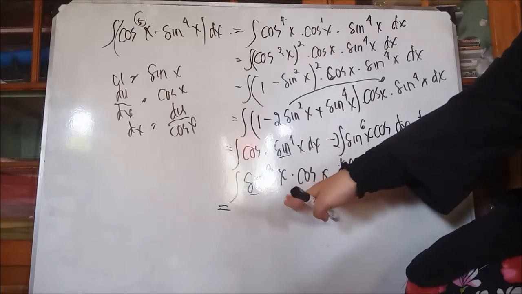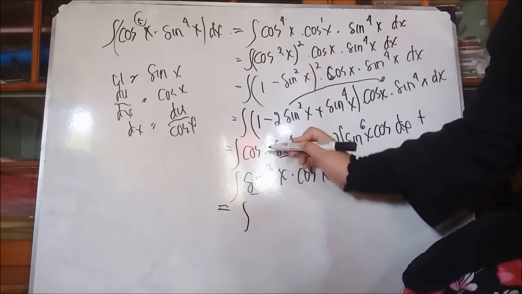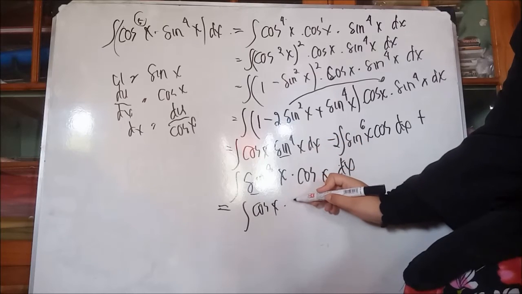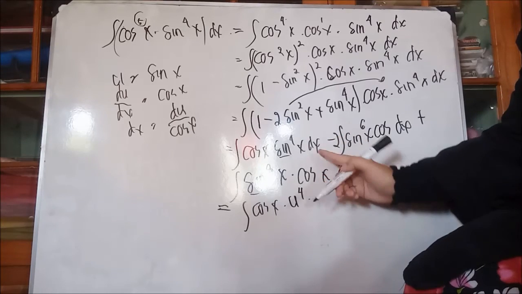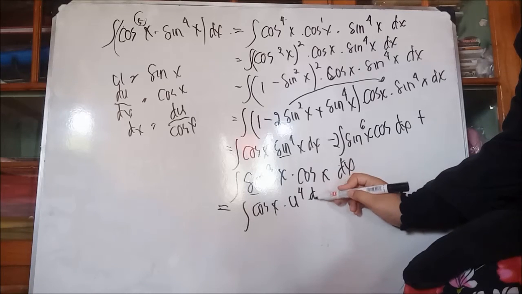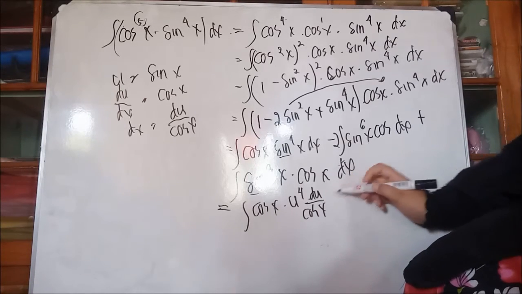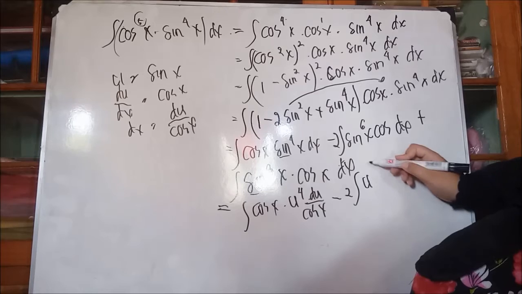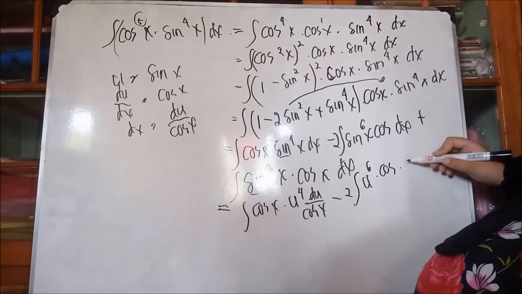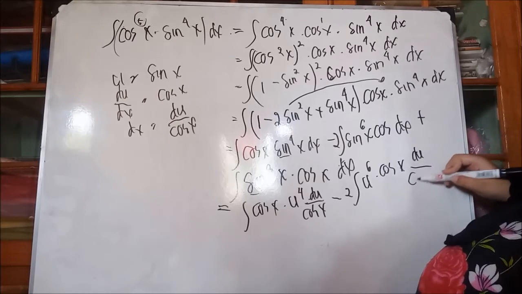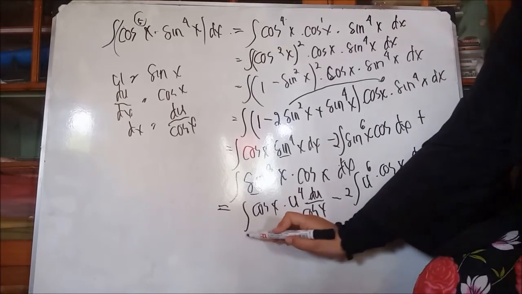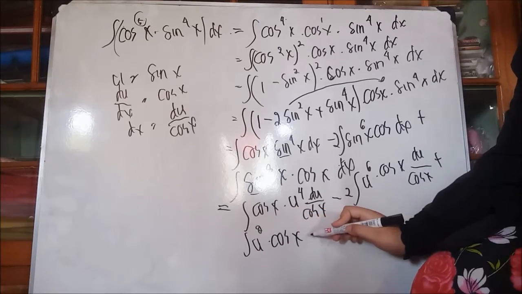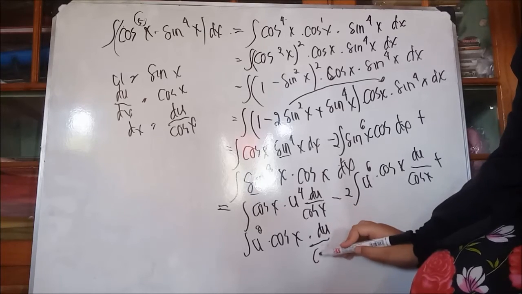So from here, back to substitute: the integral of cos x sin to the power of 4, with sin equal to u to the power of 4 and dx equal to du over cos x, minus 2 integrals of u to the power of 6 cos x du over cos x, plus the integral of u to the power of 8 times cos x times du over cos x.